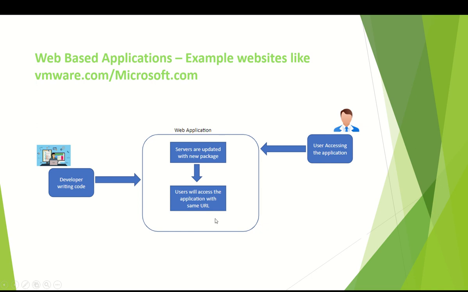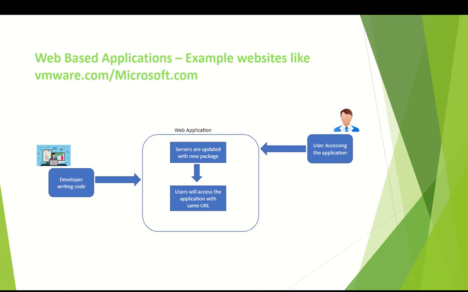So web server applications, for example, I took VMware or Microsoft because they are our bread and butter. Generally you can say Amazon or Flipkart or Walmart or some other sites also you can mention. The developer writes the code, that will be packaged and pushed to the web servers.